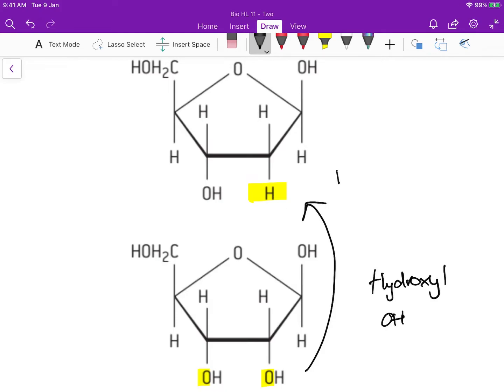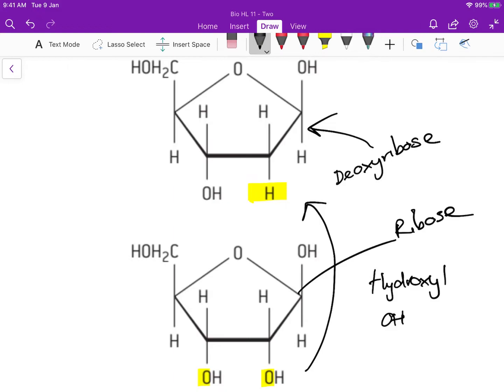So this is the deoxyribose. And this is ribose. So the first difference between DNA and RNA is that one contains deoxyribose and one contains ribose.